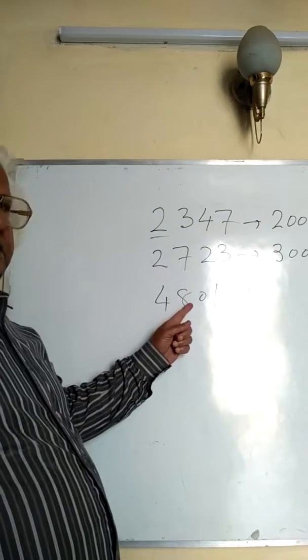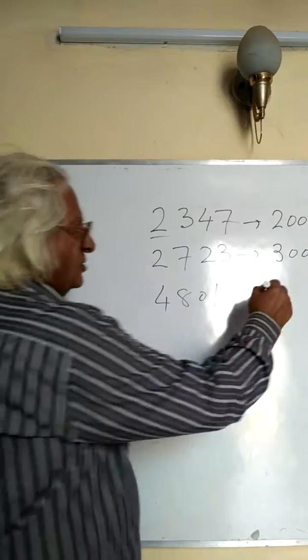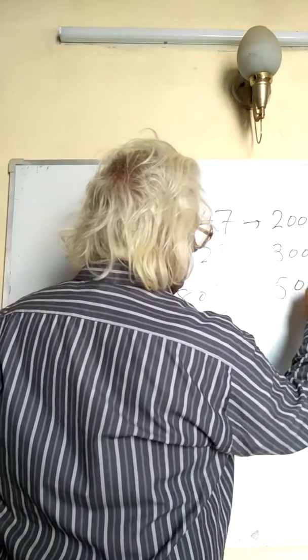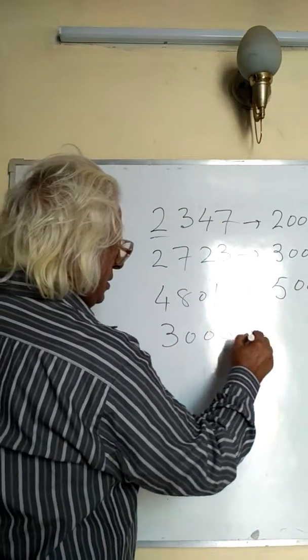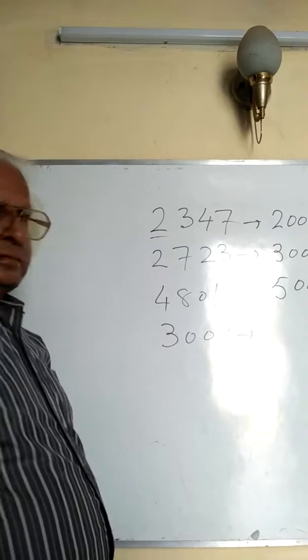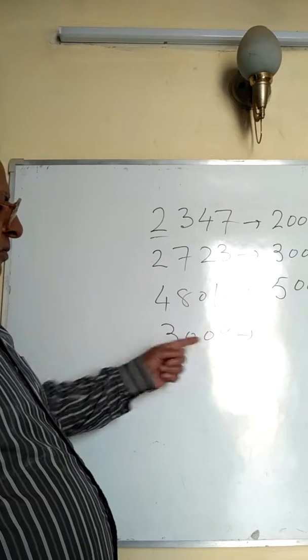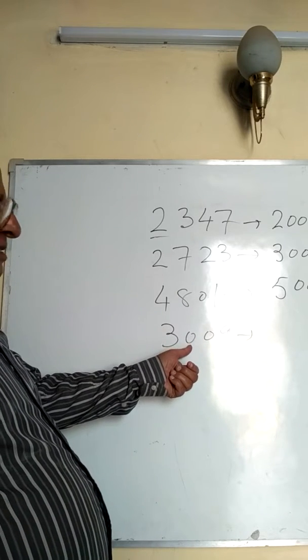You have to examine this. If it is more than 5, 1 will be added to this, so 5000. What will be this? This is 0. So less than 4.